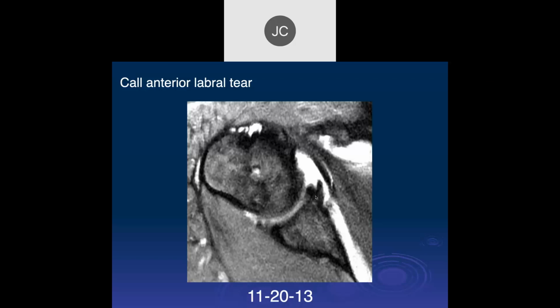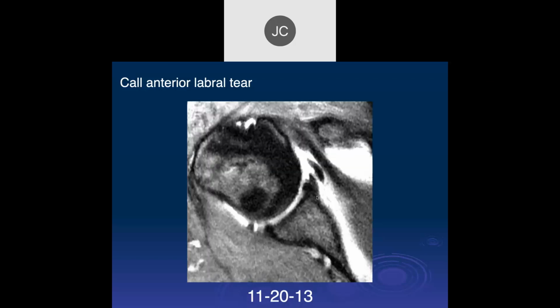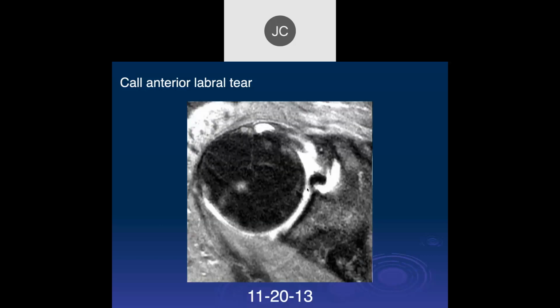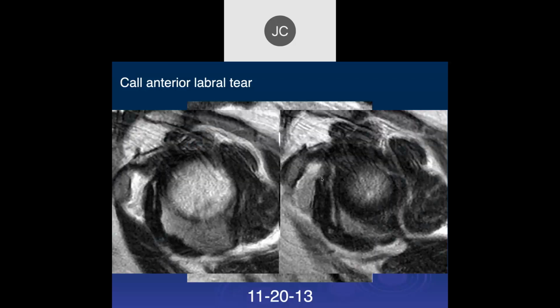This looks very similar to that football player that I showed earlier. This is very irregular. Be concerned about it, but this is middle glenohumeral ligament, anterior band of the inferior glenohumeral ligament, and labrum. So this is normal anatomy, and the middle glenohumeral ligament and the anterior band of the inferior glenohumeral ligament all come up here where they fuse with the superior glenohumeral ligament.